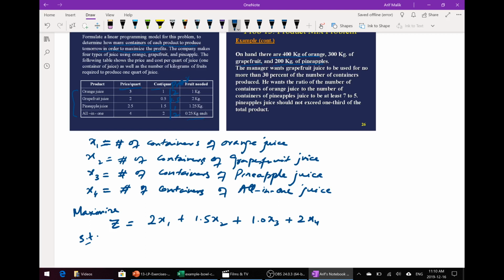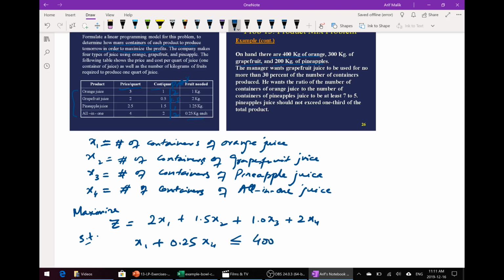For orange, 1 kilogram is needed for making 1 container of orange juice, x1, and 0.25 kilogram of orange is needed to make an all-in-one container. So it is x1 plus 0.25x4.